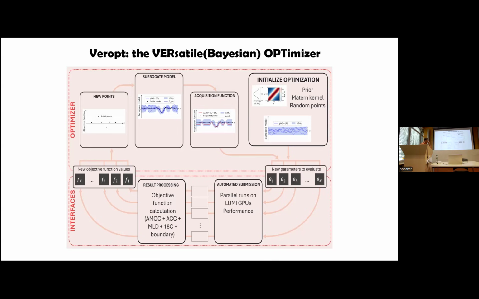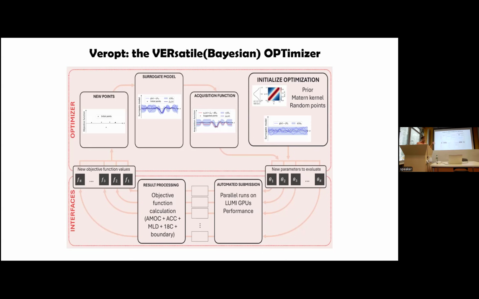The idea of Bayesian optimization is an old idea. This works quite well now because we have these massive GPU resources on Lumi, for example. We use this on a 1-degree ocean model, and we could use the Lumi GPUs. We use 32 simulations in parallel, and within 2 days, we have 70 years of integration. Then we can process the results, which mainly means we create the objective function or the loss function.